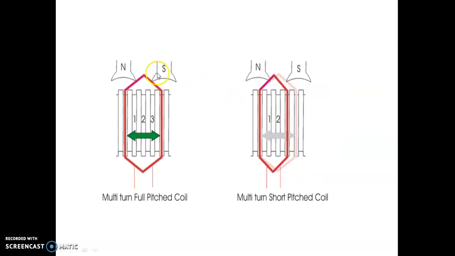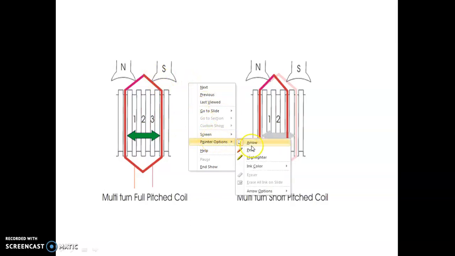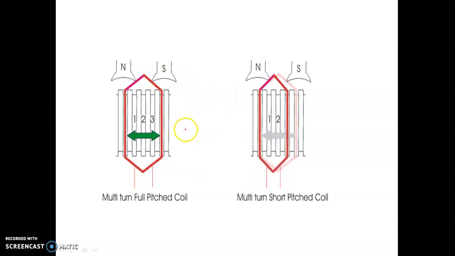Now this is a single turn coil, and in this case you will see the multi-turn full pitch coil. Full pitch means 180 degree electrical separation between north and south.